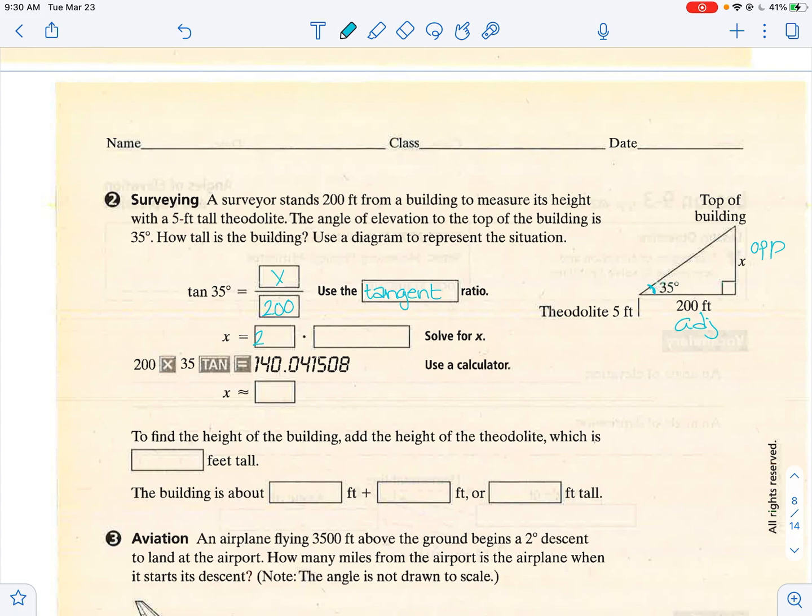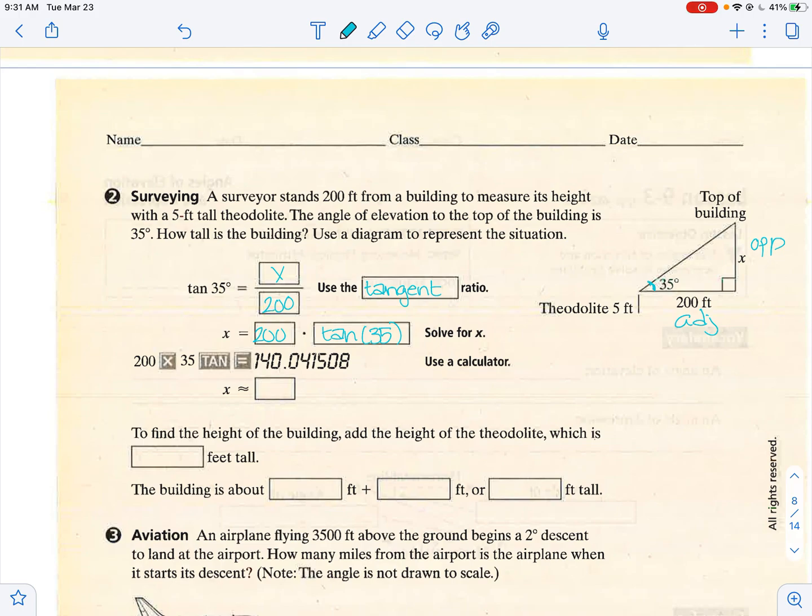And we're going to multiply 200 times the tangent of 35 to get our answer. So type 200 tangent button 35 into your calculator, and you get 140.041508, which is about 140 feet. So to find the height of the building, add the height of the theodolite, so the 5 feet.